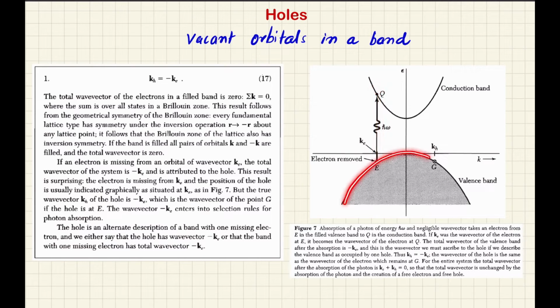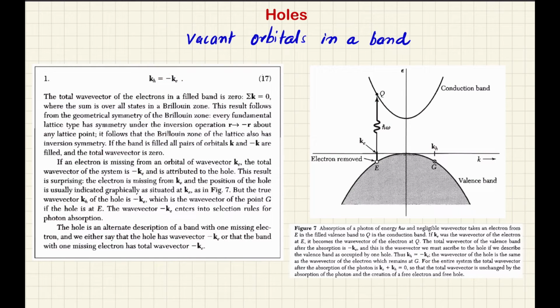So in the valence band an electron is missing, and this missing electron is called a hole in the valence band. Okay. So initially when the electron was present in the valence band, the total sum of the wave number was 0, but with this particular wave number missing, the total is minus ke. Okay. So this is basically the wave number of the hole. So the hole has a wave number of minus k.